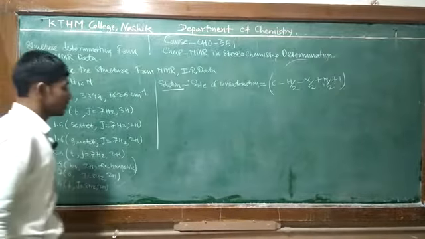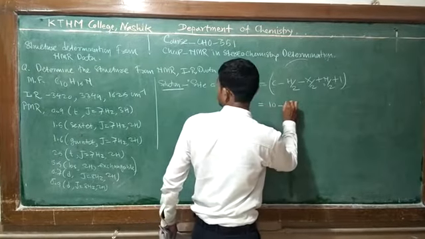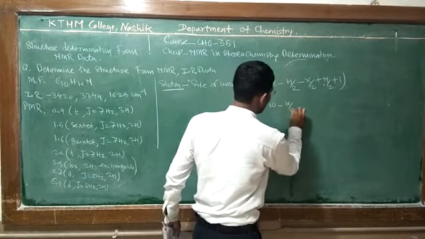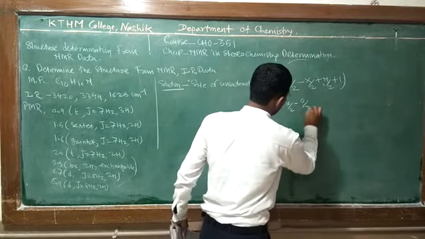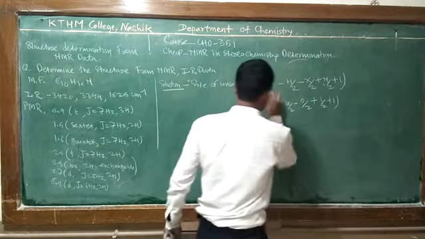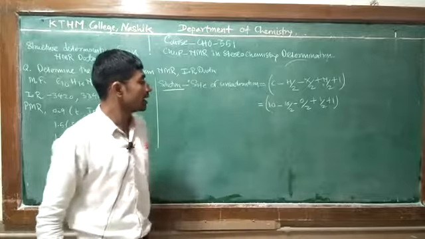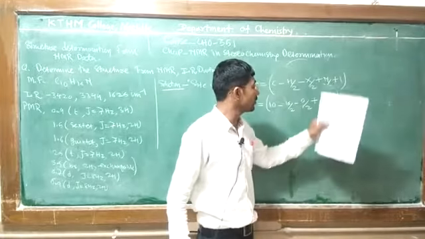So the number of carbons here is 10, hydrogen is 15, halogens 0, and nitrogen 1. We put these values into the formula: 10 carbon, 15 hydrogen, 0 halogens, 1 nitrogen, plus 1.